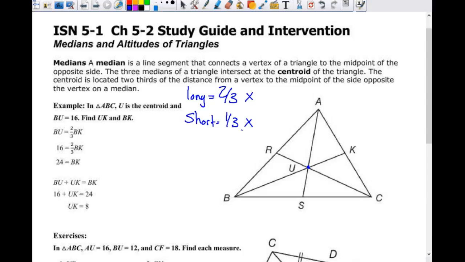So just to clarify, so you remember what x is equal to, x is the length of the median.